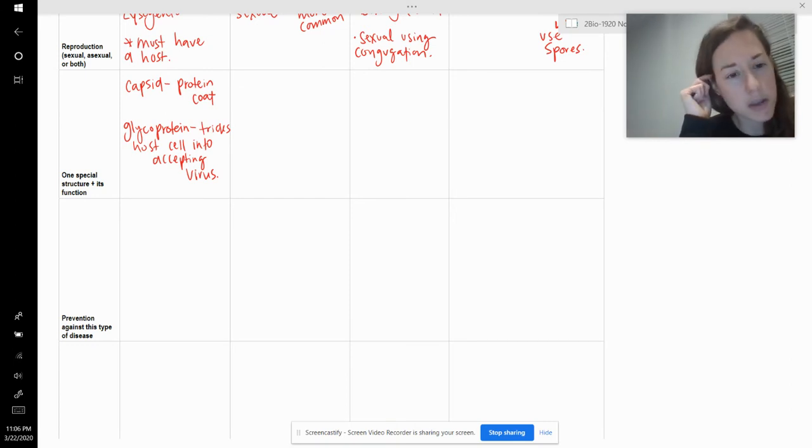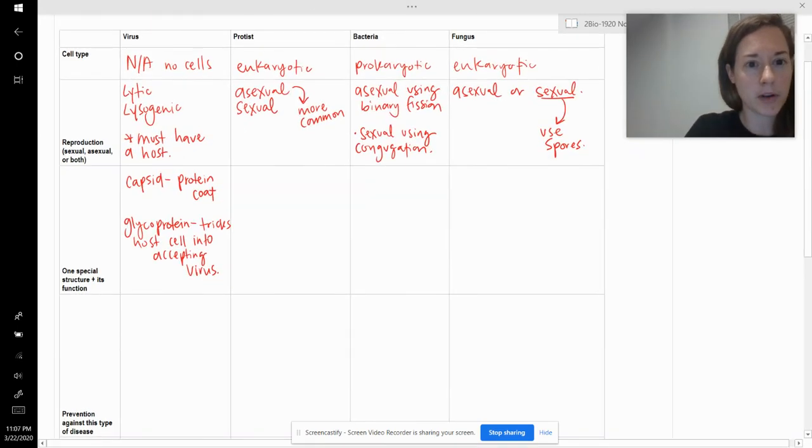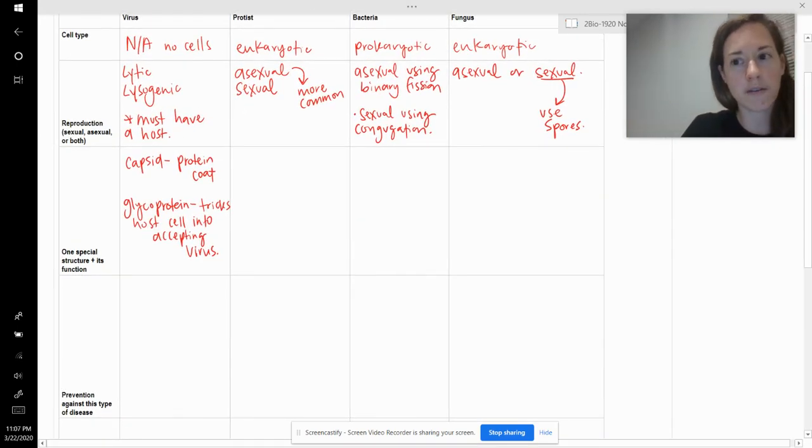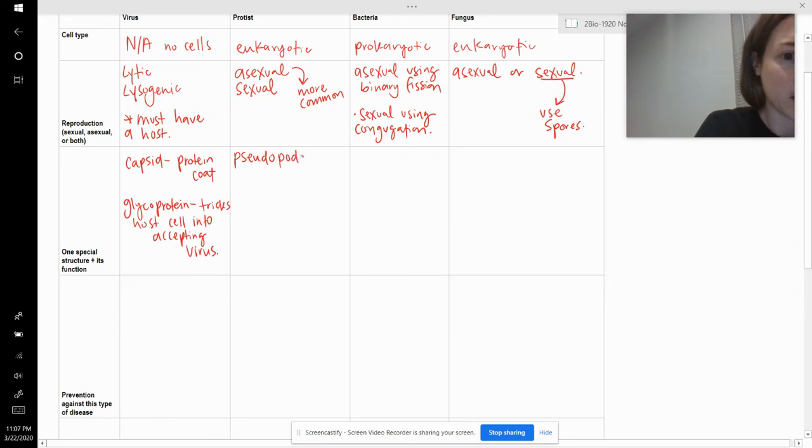For a protist, which is the next column, there are a few different ones we talked about in the video last week. So you could have a pseudopod, which is an amoeba, which is for movement. Let's say move and eat. You could have flagella, which is for moving. You could have cilia, which is for moving.